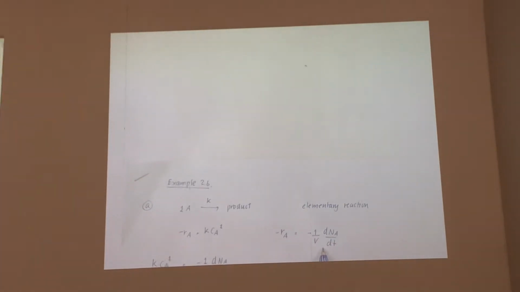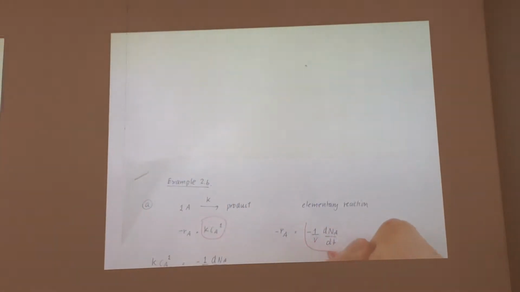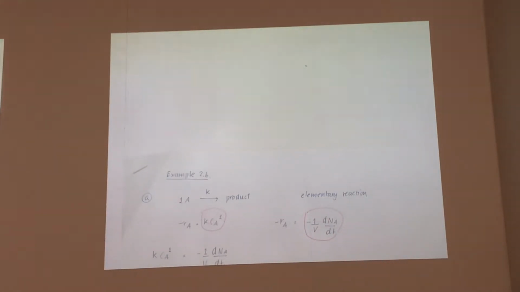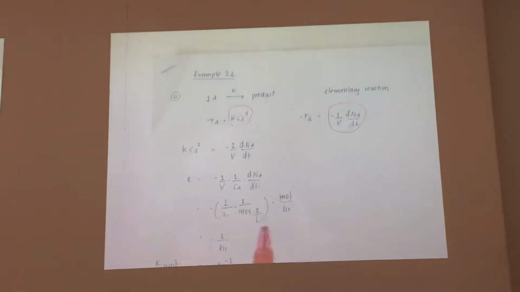This is the same as just now. So now we can link up these two, because we don't know the unit of rA, but this portion is what we can finalize the unit from. Therefore, we combine these two together. Once we have k CA equal to minus 1 over V dNA over dt, we work it out.